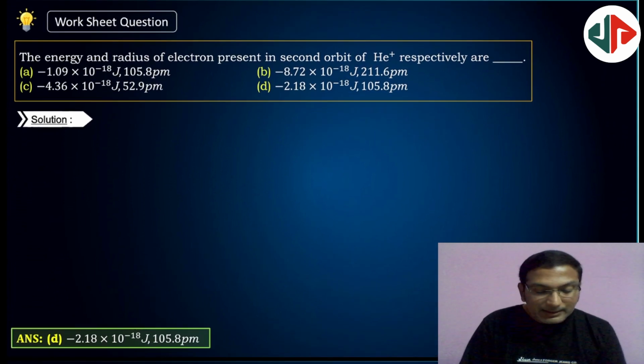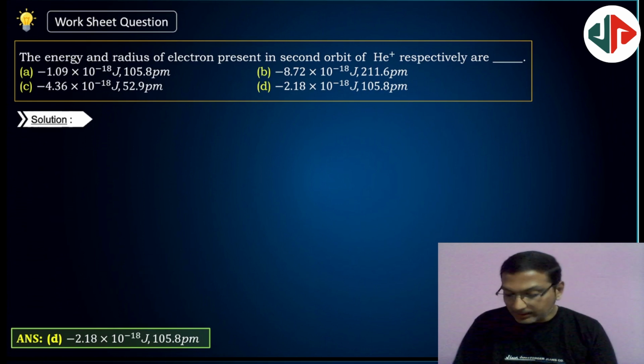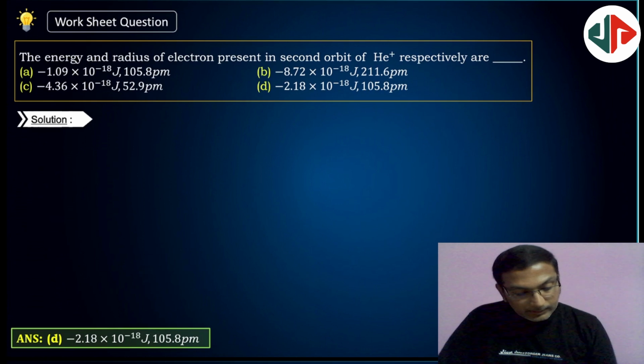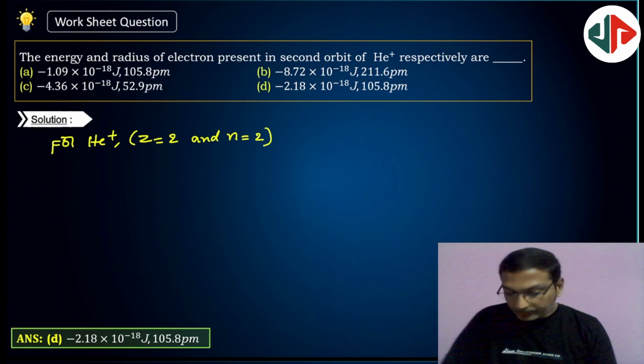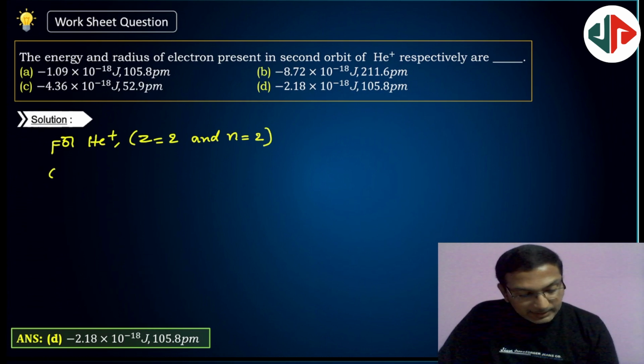The energy and radius of electron present in second orbit of He plus, respectively, are? So for He plus, atomic number equal to 2 and second orbit n equal to 2. Next, what is energy?